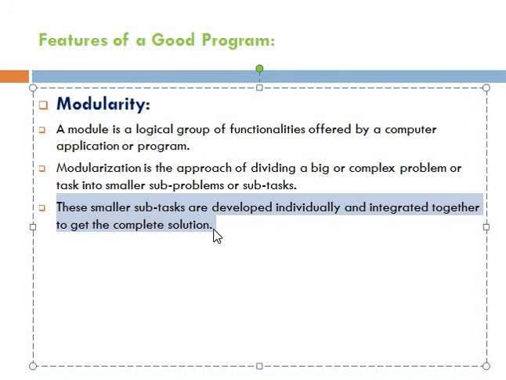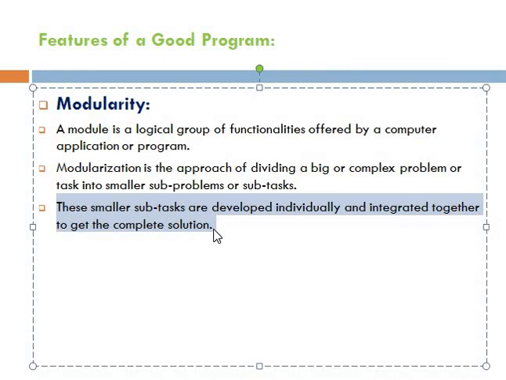Now, if you take the case of a real-life problem such as the railway reservation system, the entire railway reservation system is divided into different modules, such as the modules connected with the passenger details, the modules connected with the availability of seats and tickets, and the modules connected with the ticket fares and concessions.